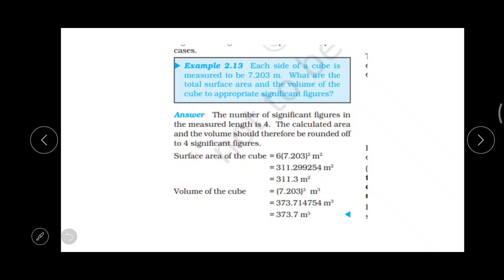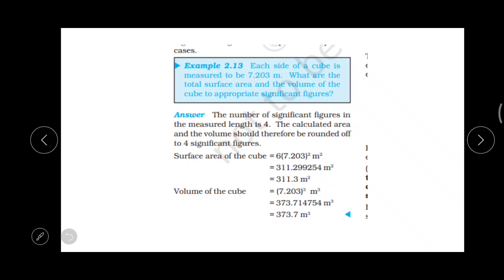The first example: each side of a cube is measured to be 7.203 meter. The significant figure number is 4, isn't it? What are the total surface area and the volume of the cube to appropriate significant figures?